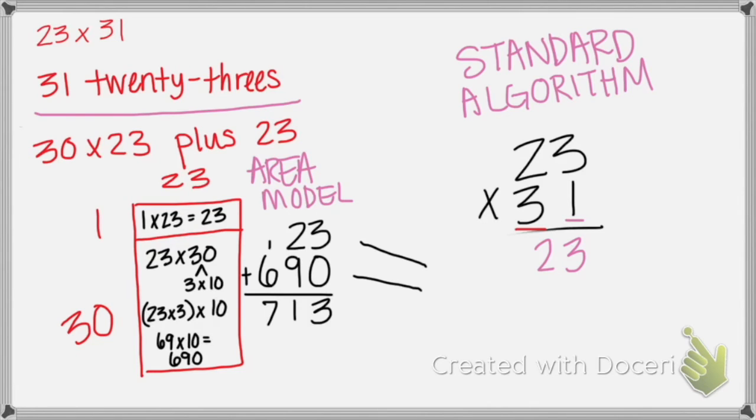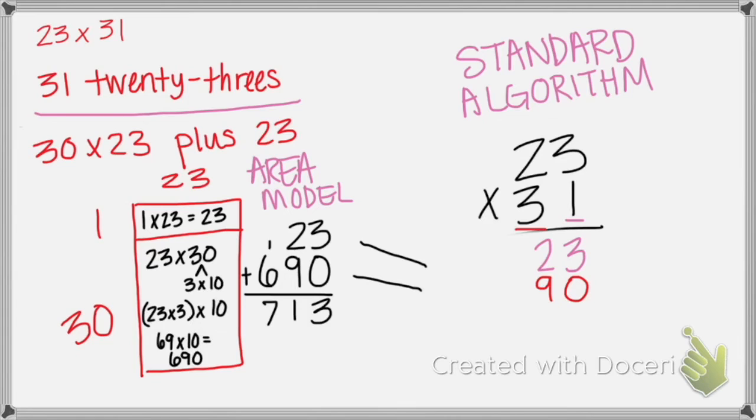To show this, we usually say put a 0 here as a placeholder since we're moving from the 1's to the 10's place. And then we can do 3 times 3, which is 9. But if you think about this, that 3 is in the 10's place, so that's actually 30. And 30 times 3 is 90.